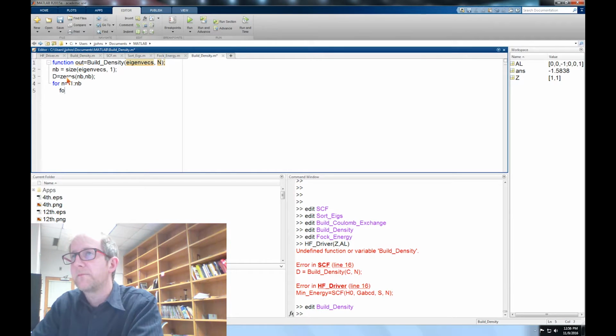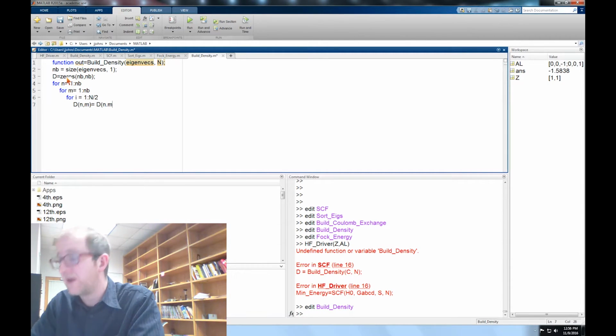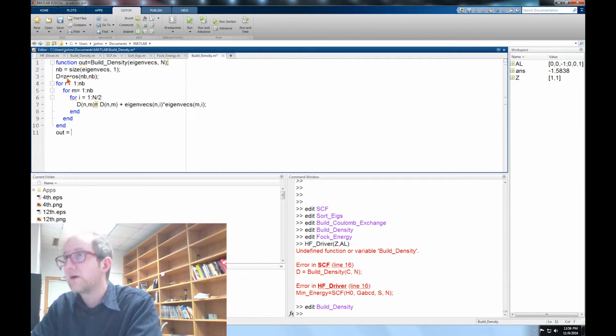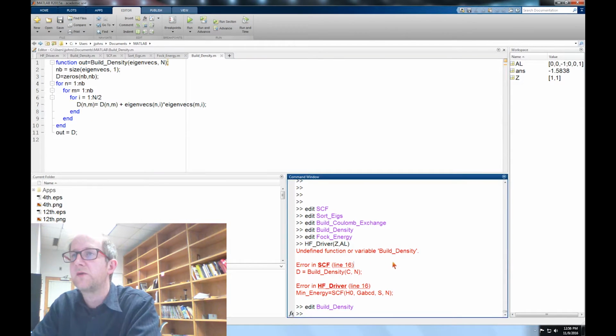For n equals 1 to NB, for m equal 1 to NB, for I equal 1 to n divided by 2, D of nm equal D nm plus eigenvecs n comma I times eigenvecs m comma I. Okay, and out equal D.